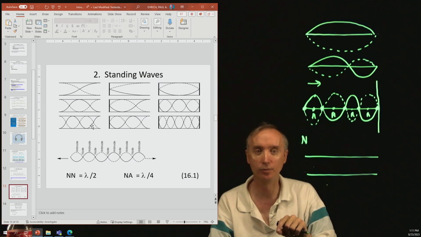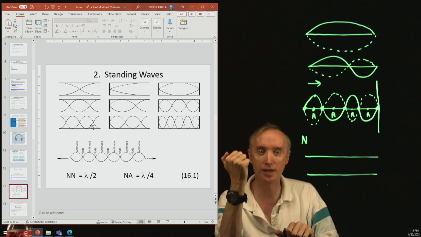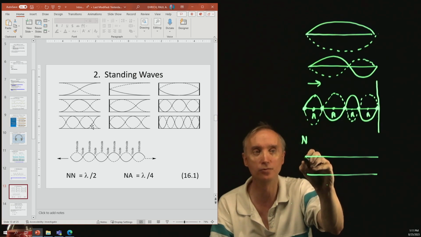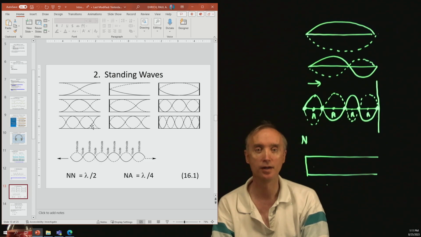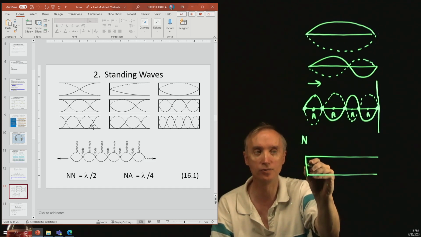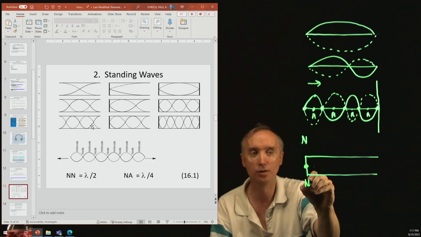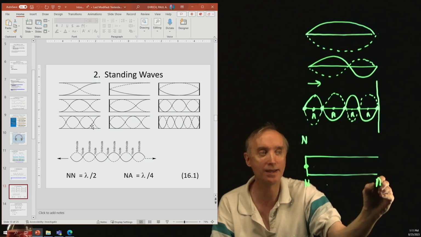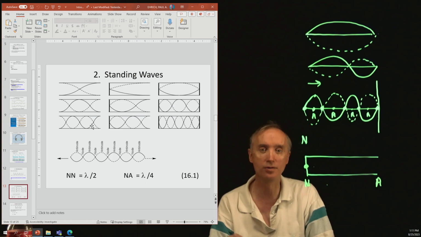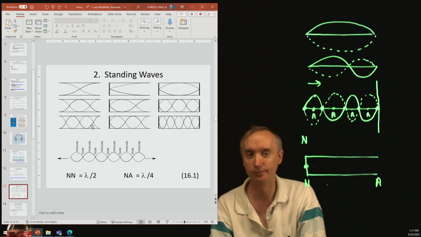What about if you took the straw and put your thumb over the end of one side of it, so that it's closed on one side and open on the other side? Where it's closed, that has to be a node. Where it's open, that has to be an antinode. And again, notice all the different kinds of standing waves that can be generated.